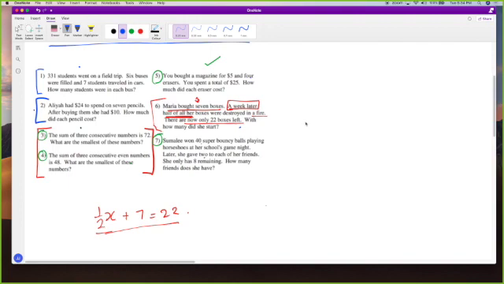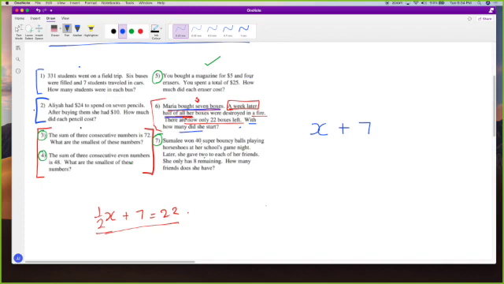So, what I was saying is, what do you want to find? You want to find how many boxes she had to start with, right? So to start with, she had X amount of boxes. And now we saw that Maria bought 7 boxes. So she had X amount of boxes to start with, and then she bought 7 more boxes.